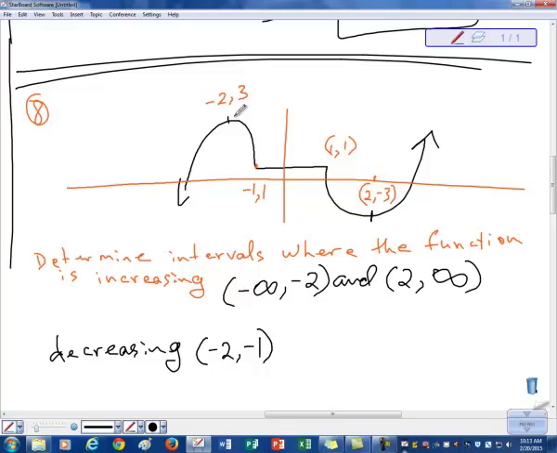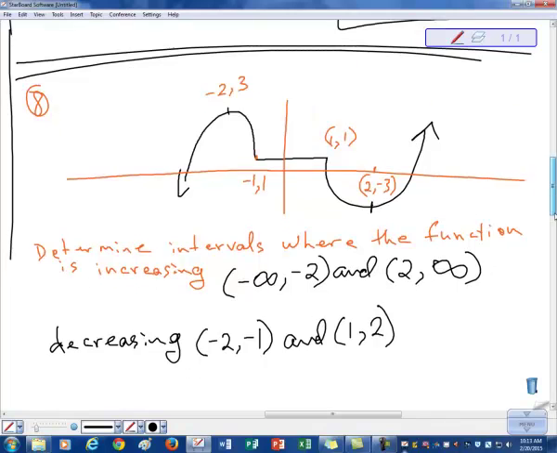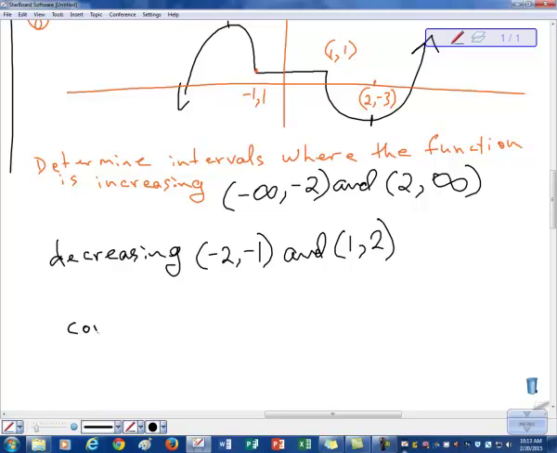So you look at the y values to see if you're increasing or decreasing, but your intervals are going to be in the x values. This is constant here. And then it decreases again from x is 1 to x is 2. Okay. And then constant, our interval is constant, and that would be negative 1 to positive 1.